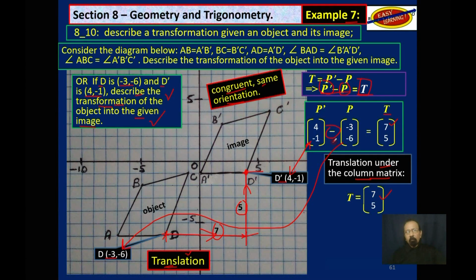So that's -1 plus 6, which is +5, and we get back the same translation vector we had down here that we got using the graph. So we can comfortably say it's translation, and that the translation vector expressed as a column matrix is this. That was example 7.